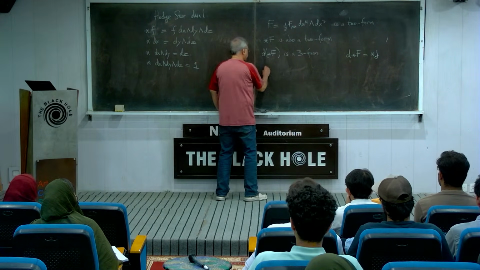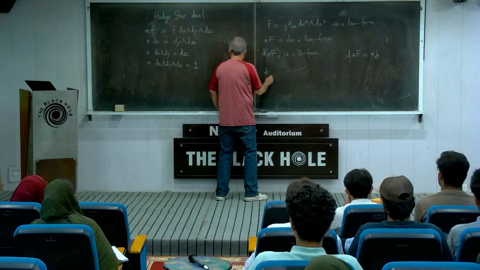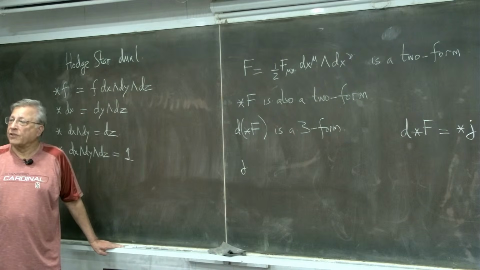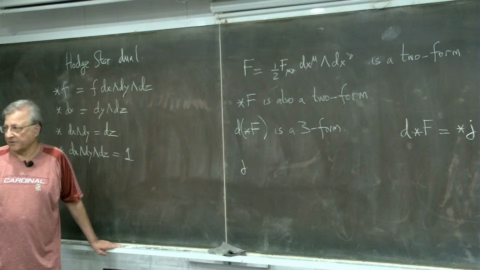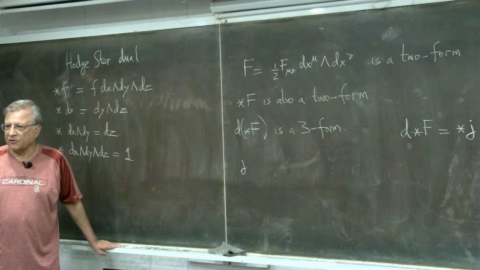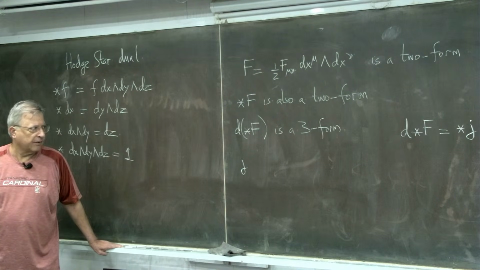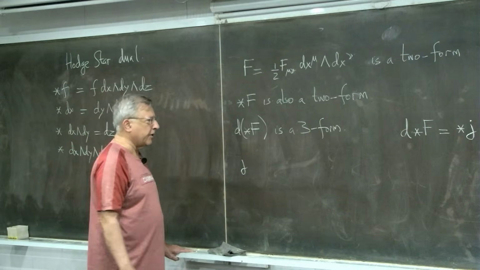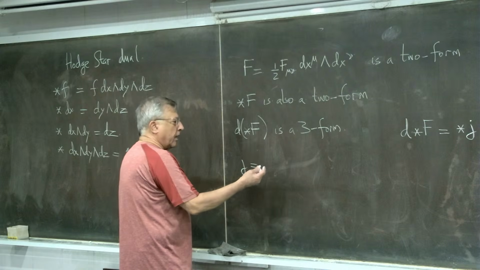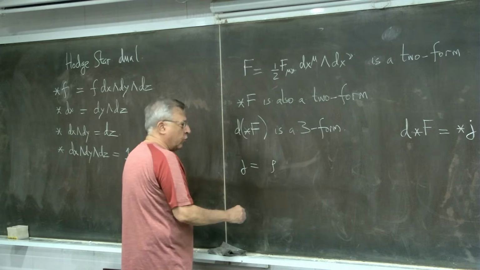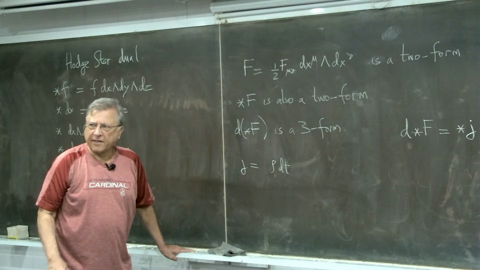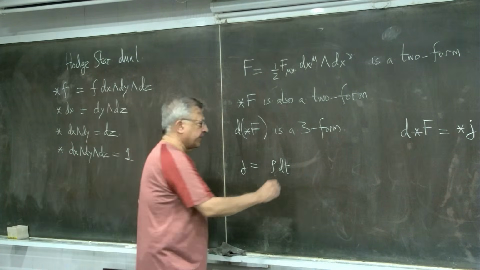So J, this is the same J that occurs in Maxwell's equations and whose 0th component is what? Is the charge density, and whose vector components are Jx, Jy, Jz. Okay, so J written as a vector will be rho dt. I'm writing it wrong for now, but it's okay.